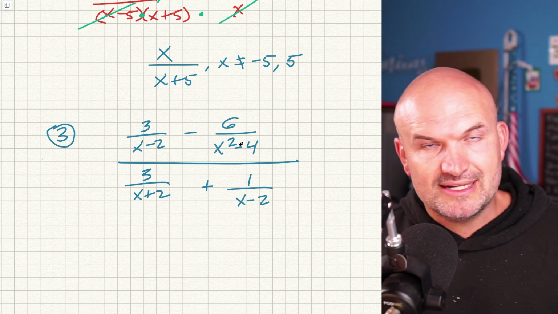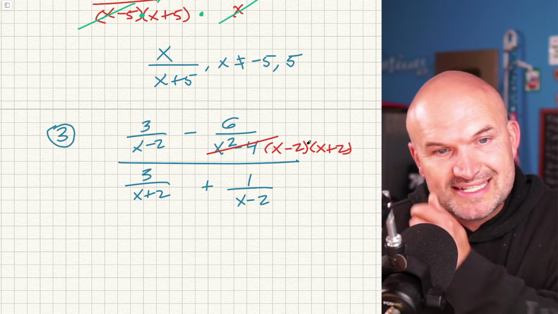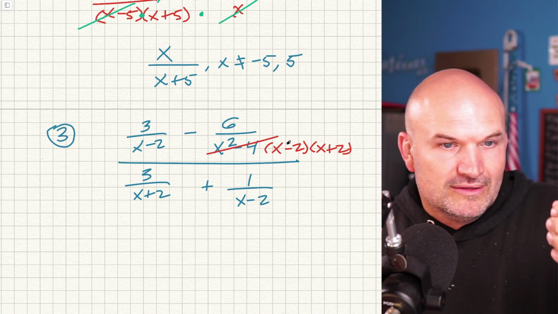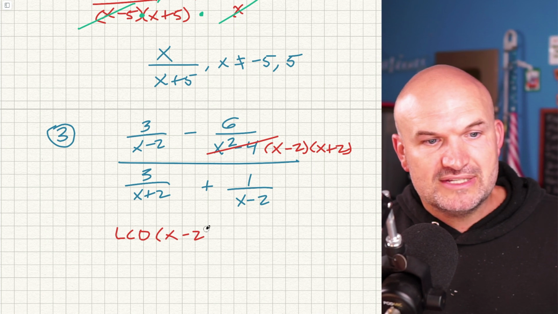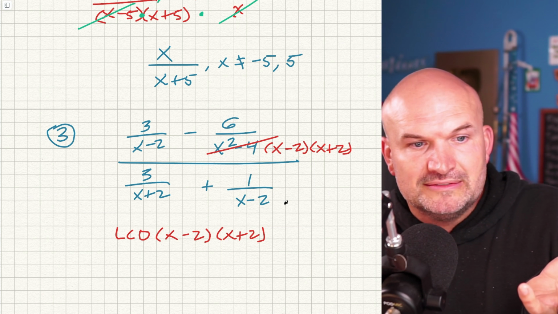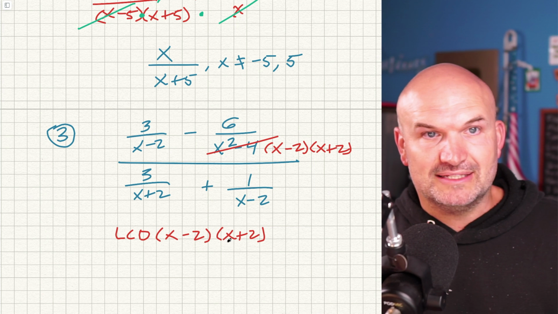And again, when I look at this and I go to simplify it, I can simplify that to x minus 2 times x plus 2. This is easy because now this tells me exactly what my LCD is, right? Because I know my LCD has to include an x minus 2 times an x plus 2, because a polynomial has to be able to divide into itself. But then also my other denominators all divide into that.